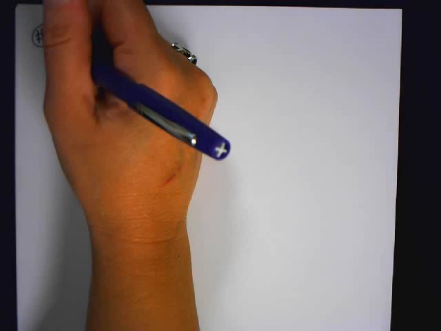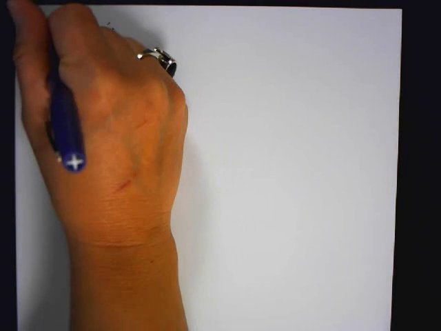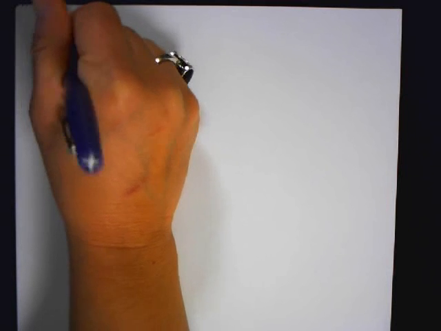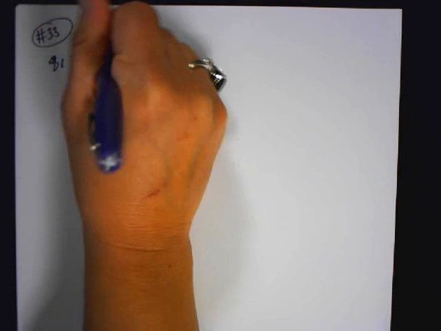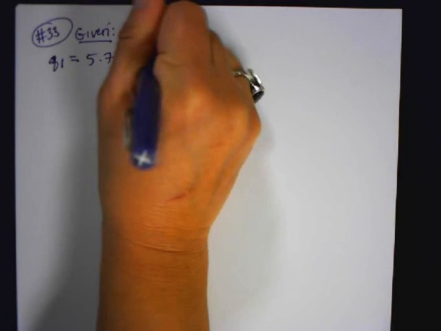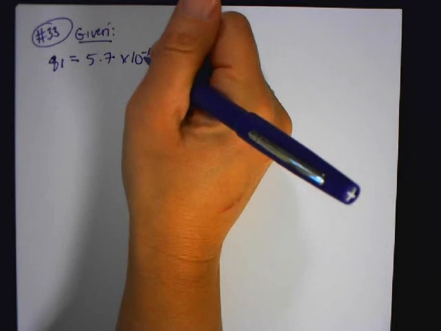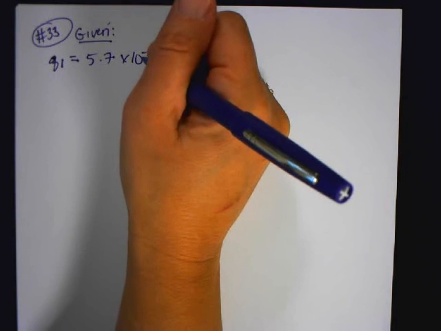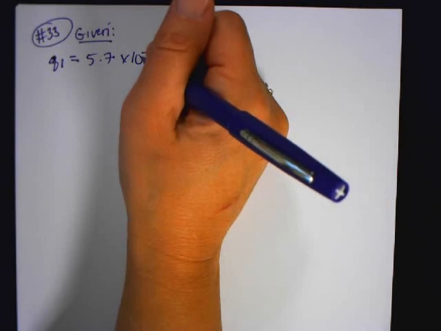It says a 5.7 microcoulomb charge is on the x-axis, so I'm going to call that Q1. And a 60 times 10 to the negative 9 coulomb, oh, I'm reading the wrong problem, is that x is equal to negative 3 meters.